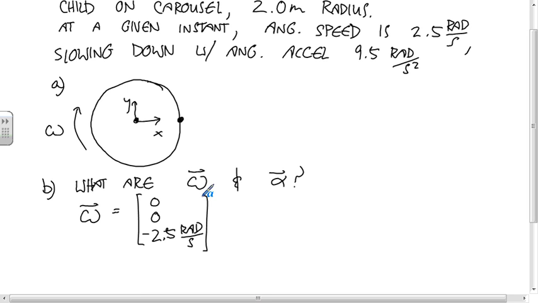Okay, and now what about the angular acceleration? What do we know about that? Do we know anything that can tell us? We know for circular motion, angular velocity and angular acceleration are parallel. That has to be the case if it's moving circularly, like in a plane.